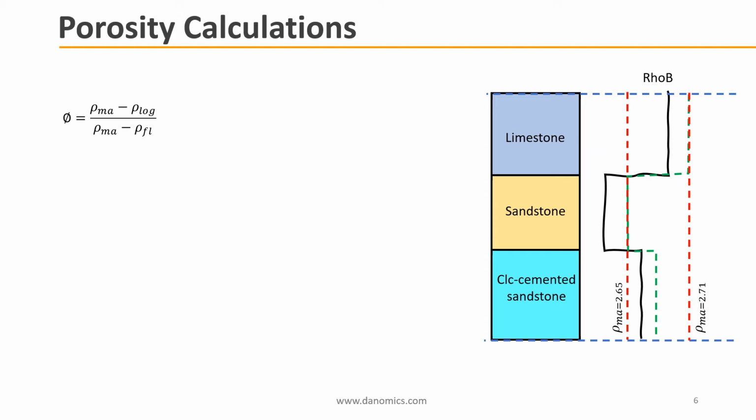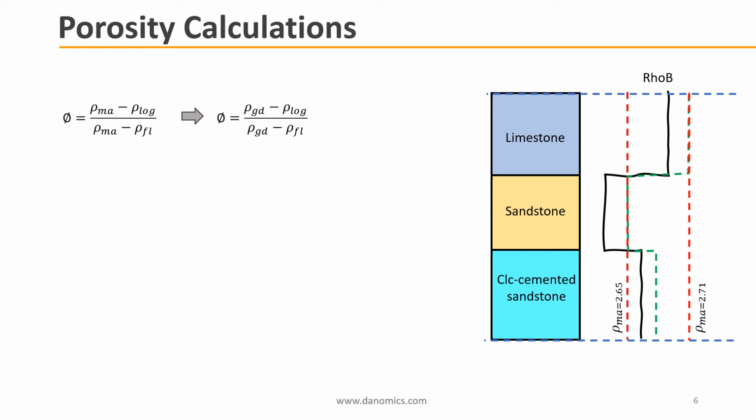And we would call this type of assessment a grain density, which leads us to this equation. So now, instead of using a fixed rho matrix, we're using a variable grain density. Now, what you may be thinking to yourselves is, oh, this is simple.